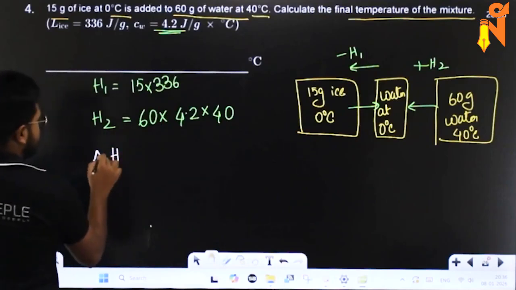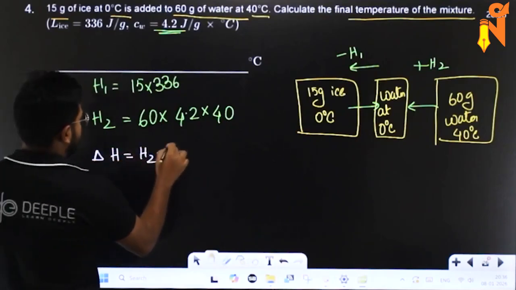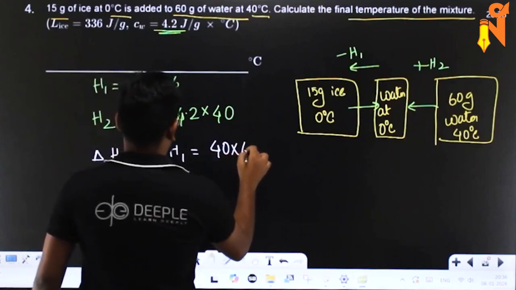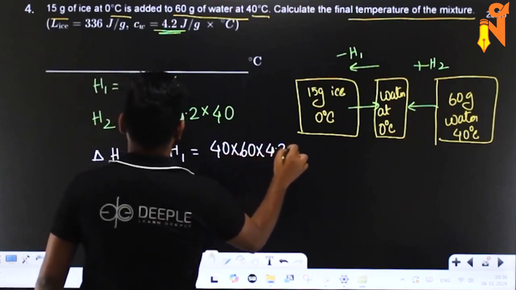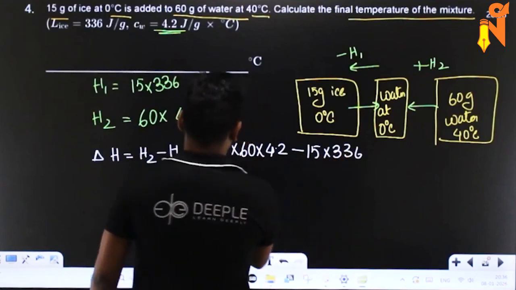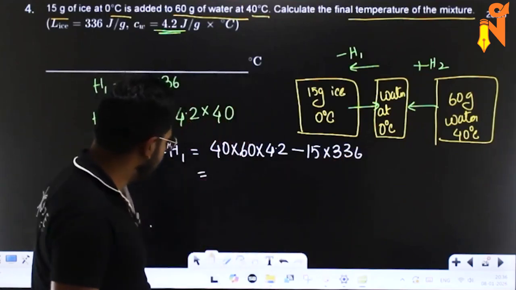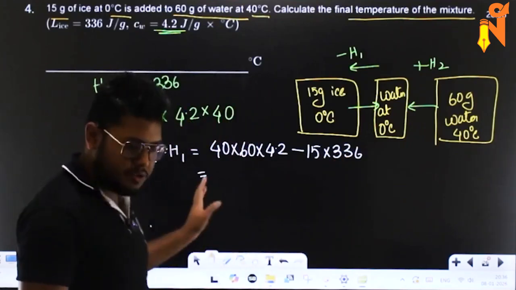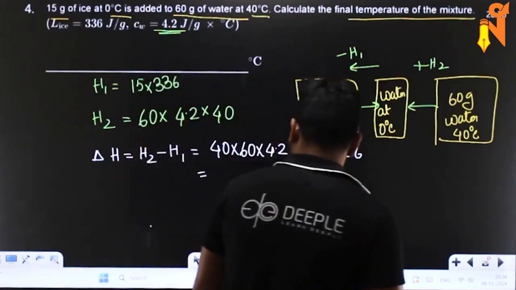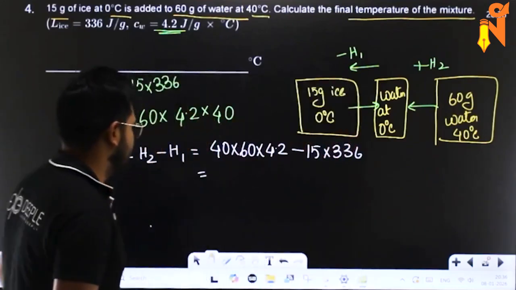So delta H is equal to H2 minus H1, that is 40 into 60 into 4.2 minus 15 into 336. I can calculate this, but I don't want to use my head. I am not fortunate enough to have brought my mobile. Okay, let me calculate that.